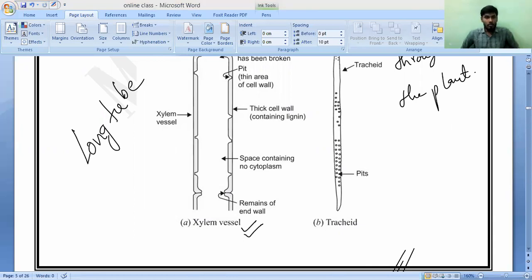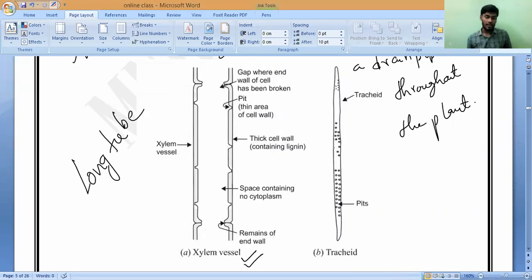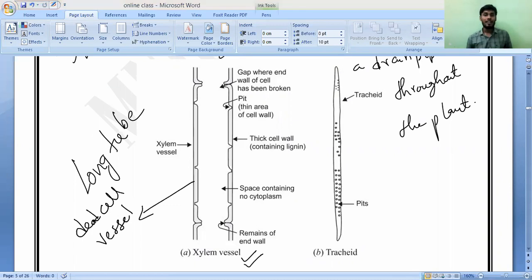Remember, this xylem vessel is non-living, made up of many hollow dead cells, which we call vessel elements. All of you remember, it is made up of many dead cells which we call vessel elements.